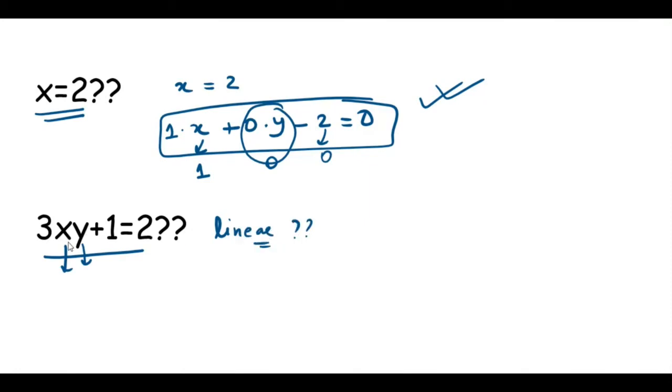As you can see, the terms x and y are in multiplication with each other, and we know that when things multiply, the powers add up, and hence x has power 1, y has power 1, so overall we have power 1 plus 1, which equals 2. But for an equation to be linear, the highest degree has to be 1, which is not the case here. Therefore, this is an equation in two variables, but it is not a linear equation in two variables.